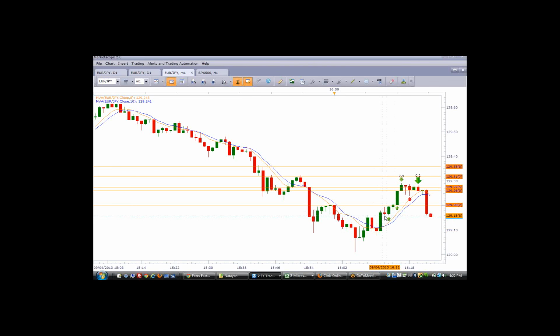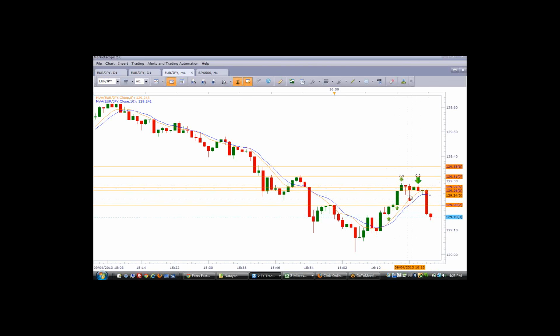The second candle here closed above the 8 and the 10, and I entered on the open of this candle, and rode it up. What I did is I drew my horizontal lines for the supply areas where the best supply areas were, and it actually stabilized within this area right here and I closed all my positions in this area.